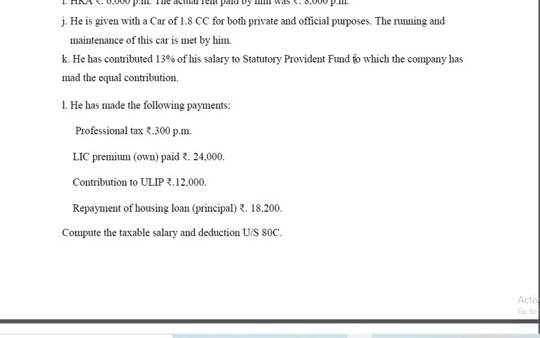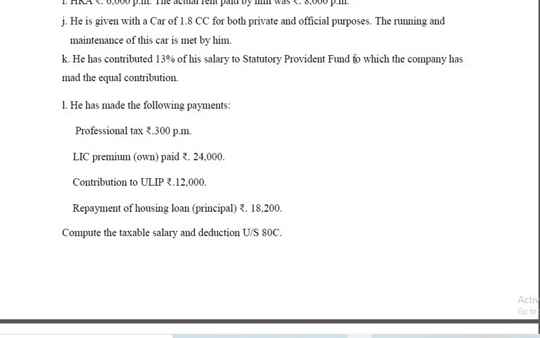Whereas if it is recognized provident fund, any contribution of the employer above 12% is taxable. So also interest credited, anything above 9.5% is taxable. But here, for the statutory provident fund, any contribution of the employer is exempt.